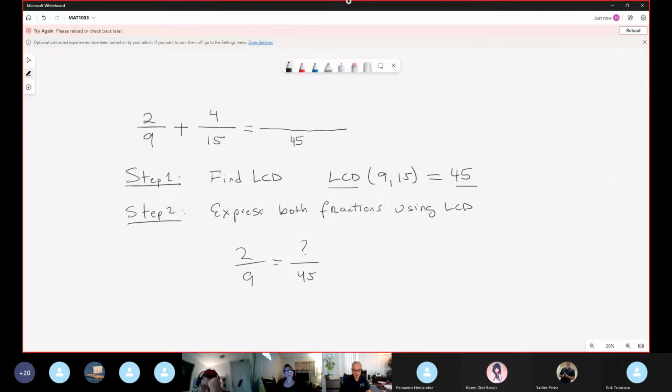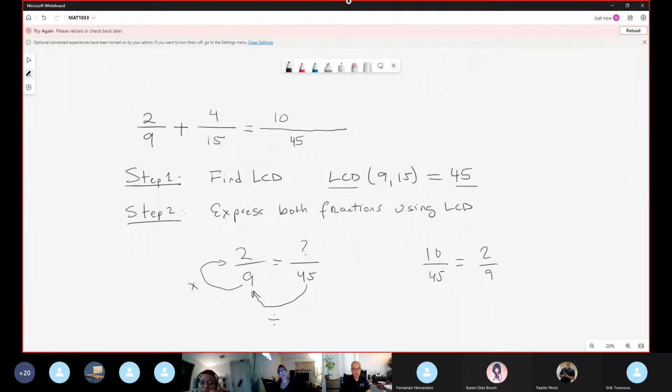You cross multiply like that. Or one shortcut is you divide 45 divided by 9, mentally that is 5, and 5 times 2 is 10, and you put 10. I guarantee you that the new fraction, 10 over 45, is 100% equivalent to 2 over 9.